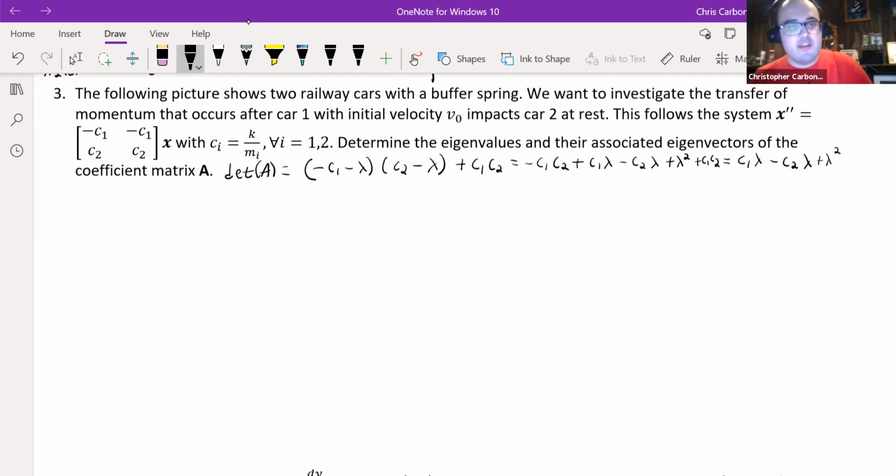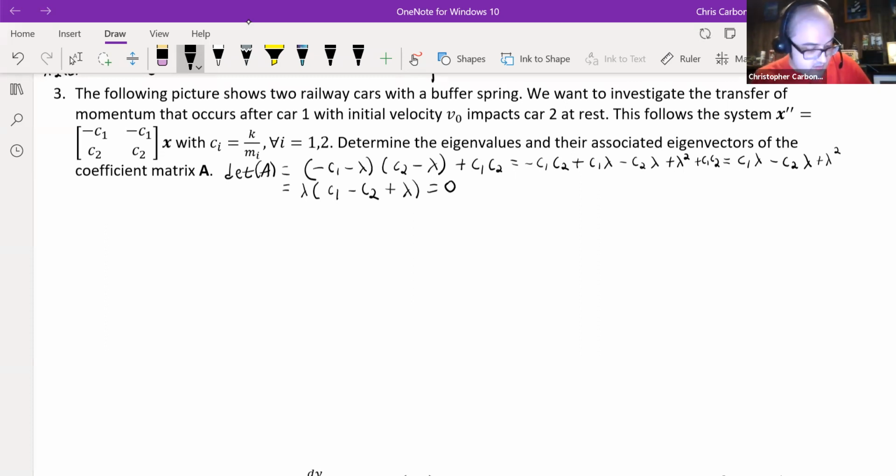And we could factor out a lambda. So this would give us lambda times c sub 1 minus c sub 2 plus lambda is equal to 0.